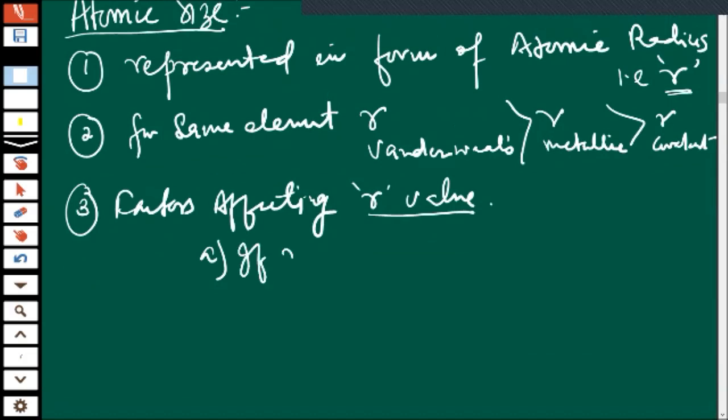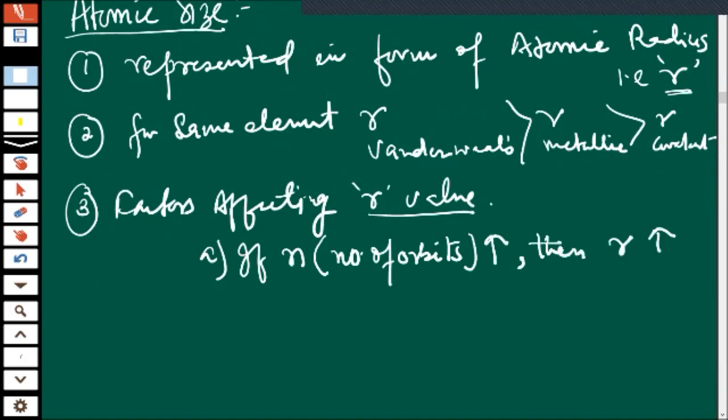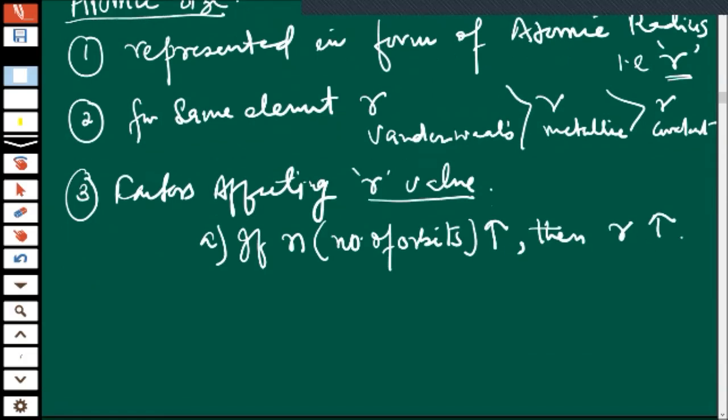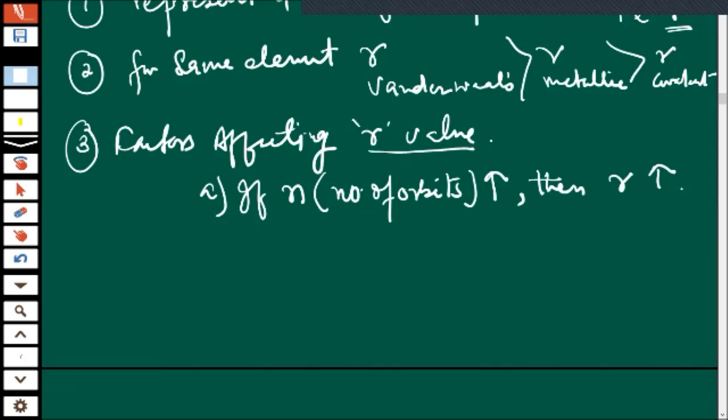If n, the number of orbits, increases, then radius also increases. Okay, we can write in a different manner also, that radius is directly proportional to the number of orbits.